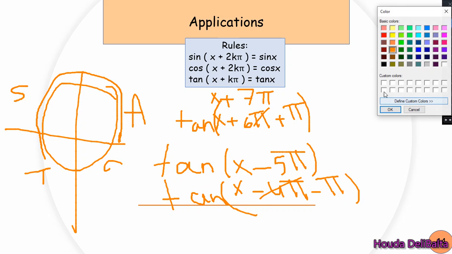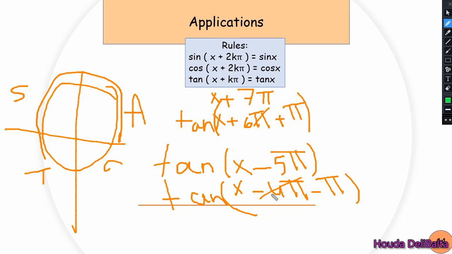Let's change the color to make things clear. So I'm moving minus pi plus x, so I'm going to start in the negative sense to reach minus pi. So this is how I move minus pi.